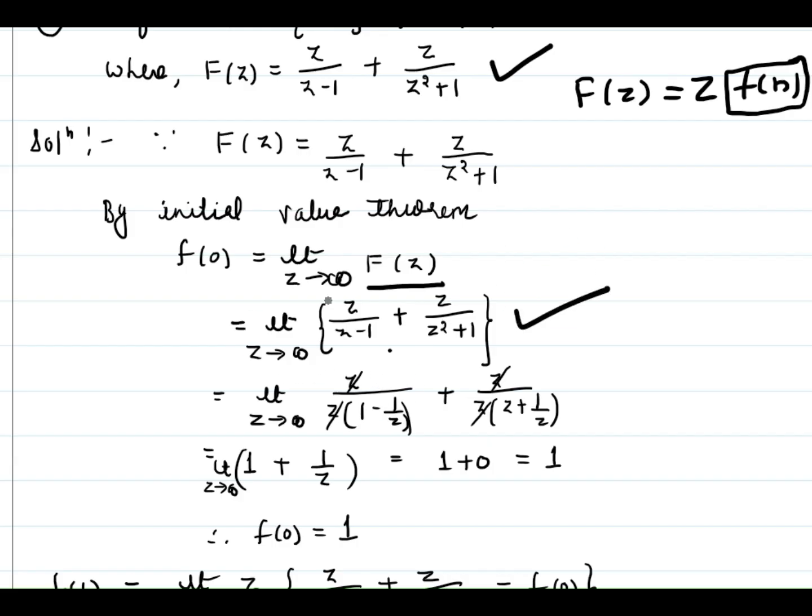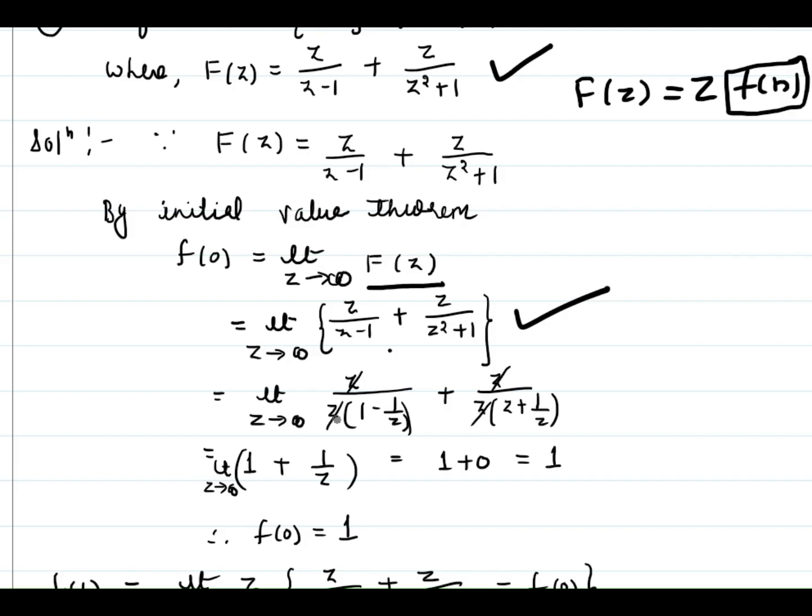Now we will just solve the limit for z tends to infinity. To solve this limit, take z common from the numerator and denominator. We will get here 1 minus 1 by z. If we are taking z common here, this z is cancelling and we'll get 1 plus 1 by z.